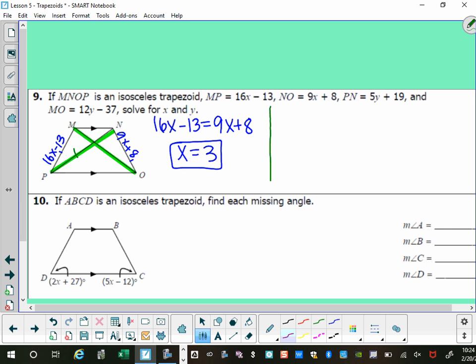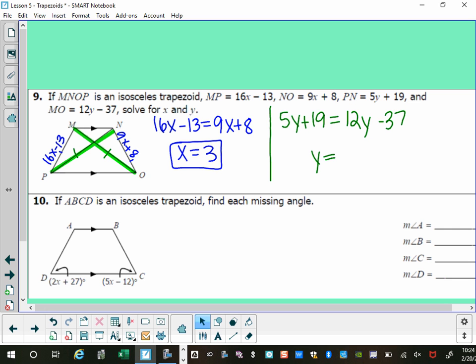My diagonals are congruent. So I have 5y plus 19 is equal to 12y minus 37. Type this into Desmos, see what you get. Earlier, someone told me that the answer was 0. Well, that's because when you type it into Desmos, they give you an x and a y value. We're not solving for x, we're solving for y. So look at that second number, not the first number. What'd you get? 8? Yes. You guys get 8? Good.